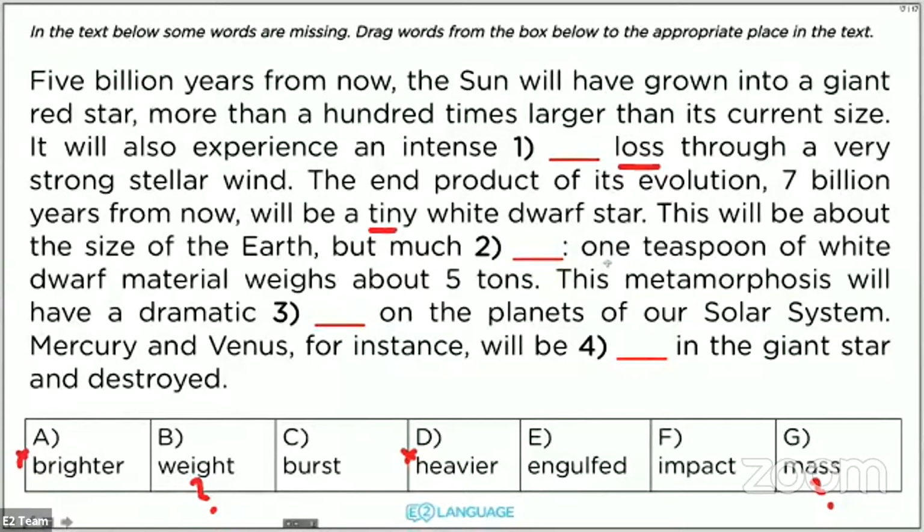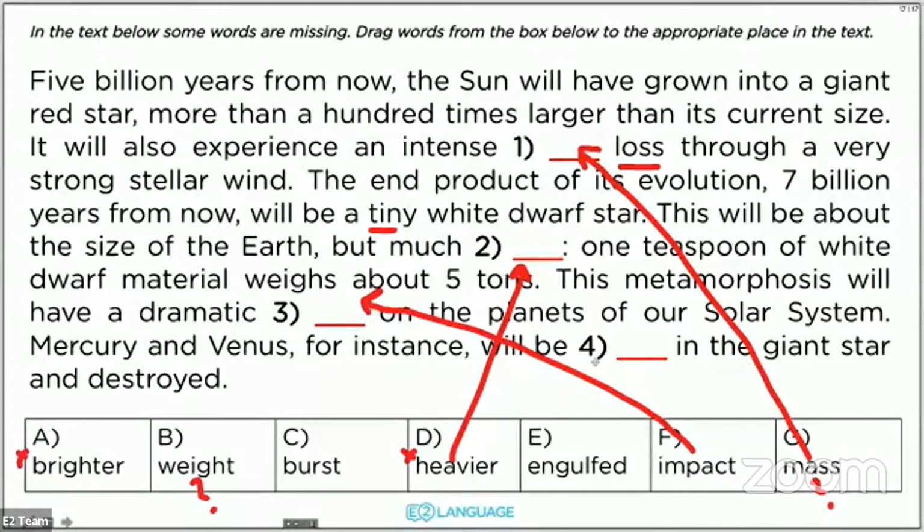1 teaspoon of white dwarf material weighs about 5 tons. Okay, so I'm tempted now to say that number 2 is going to be heavier because it's talking about weight. And I'm tempted now to say that the first one's going to be mass loss. Fine. This metamorphosis will have a dramatic, well, I know that dramatic impact is the collocation there.